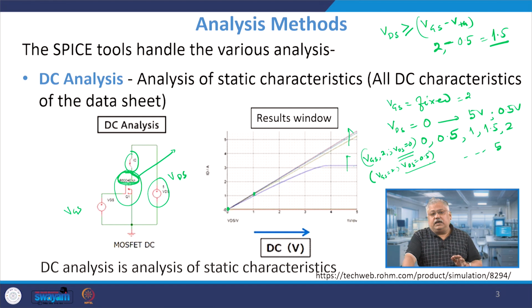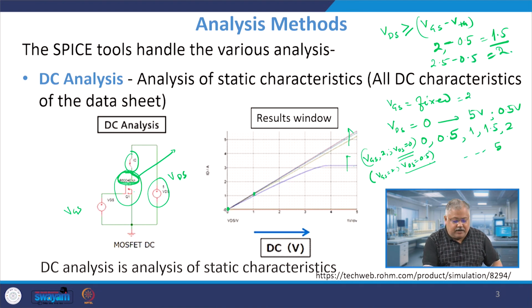We are still not doing any AC analysis, we are just doing a DC analysis here, and in the DC analysis what we are proposing is that the gate voltage is fixed and we are varying the drain voltage. Once we have swept the drain voltage from 0 to 5, we again change the value of VGS to 2.5, let us suppose, and then we do the same procedure. But please understand, when you make VGS 2.5, your VDsat changes to 2 volts.